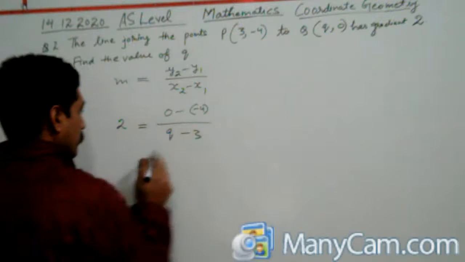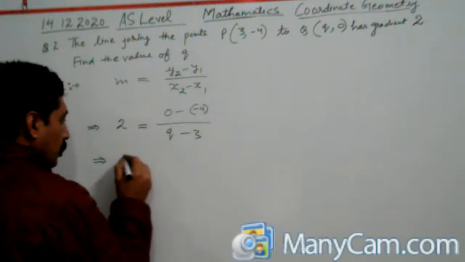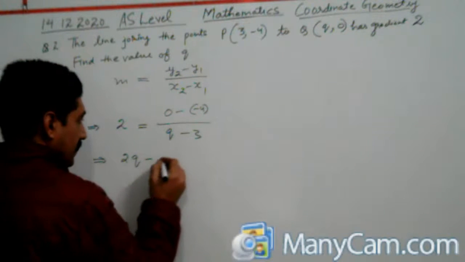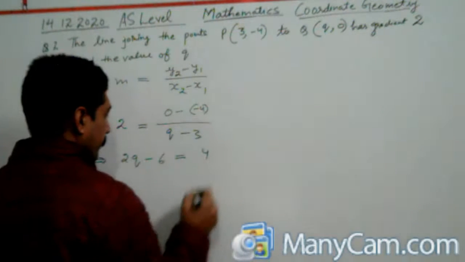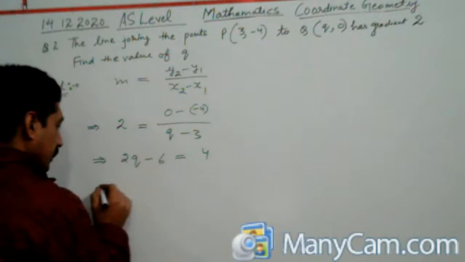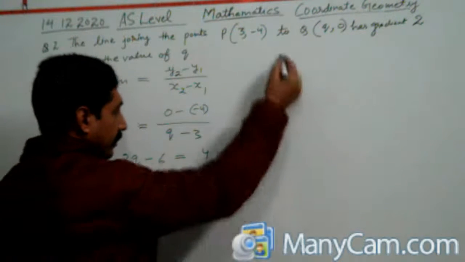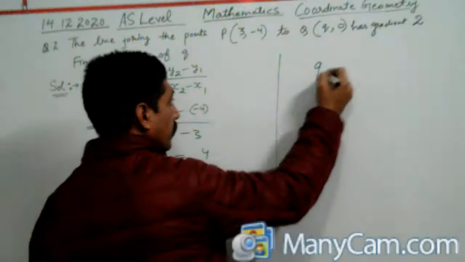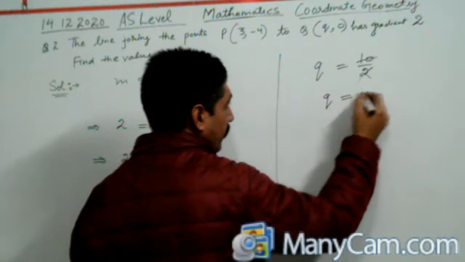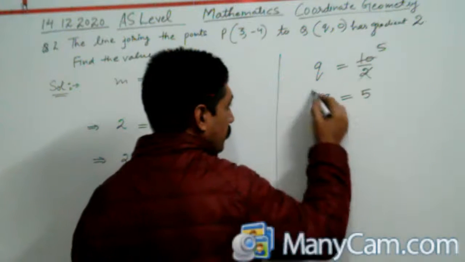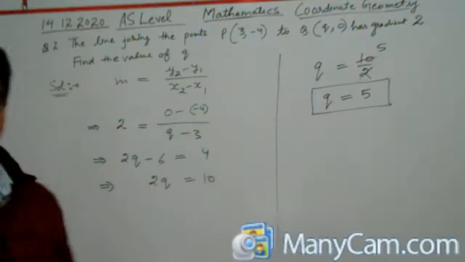When we cross multiply, 2q minus 6 is equal to 4. So 2q is equal to 10 and q is equal to 10 by 2. So the value of q is 5. Gradient is given, and q is equal to 5.